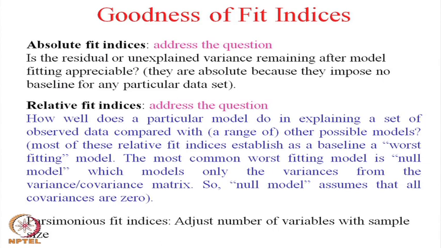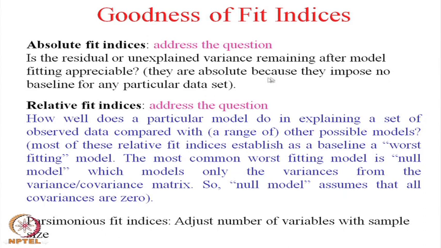There are three types of fit measures used in structural equation modeling: absolute fit indices, relative fit indices, and parsimonious fit indices. In absolute fit indices, the question is whether the residual or unexplained variance remaining after model fitting is appreciable.